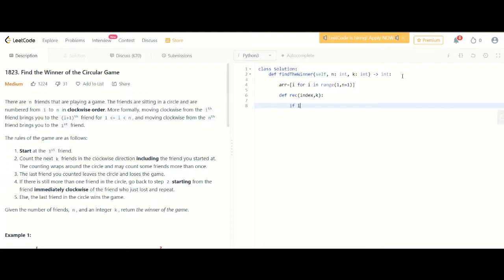Now whenever the length of the array is 1, what do I need to do? I need to return, because no further recursion needs to be done on that. Otherwise, we need to calculate the index and remove it. So index plus k modulo length of array, right?